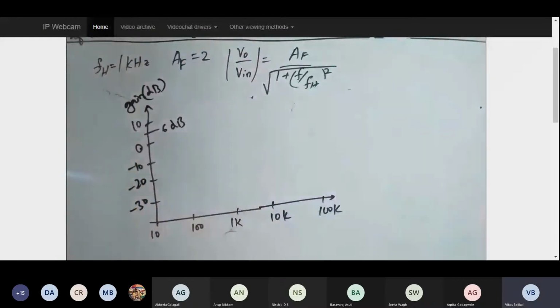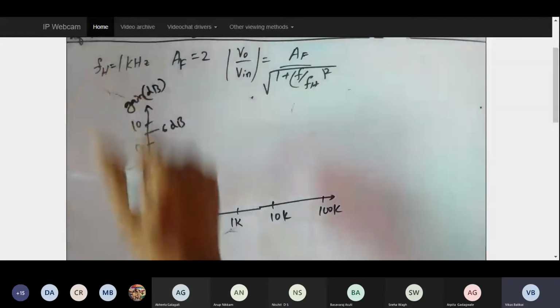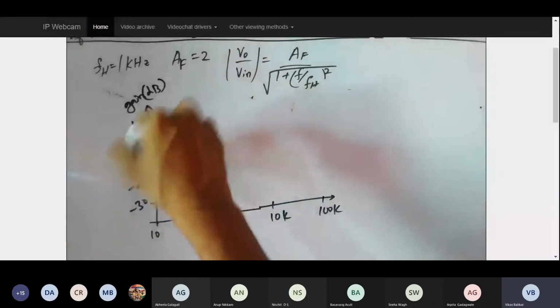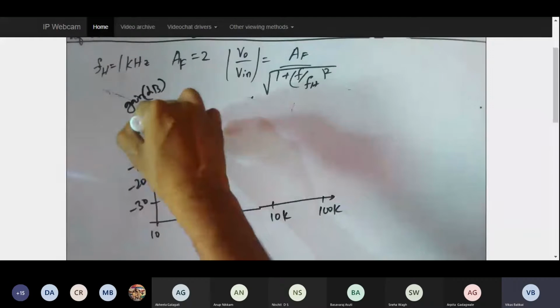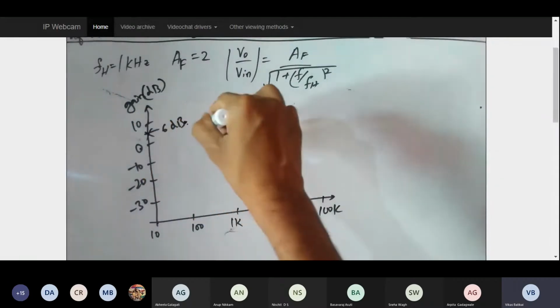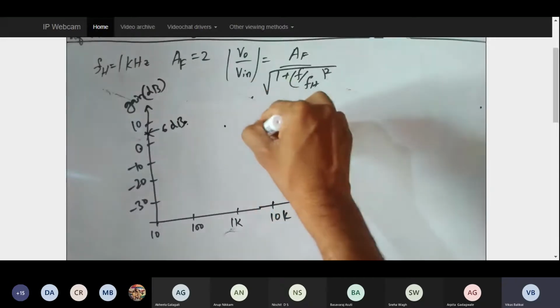Now you just plot the value. You have the x-axis in terms of frequency, and the y-axis in terms of gain, and we have already obtained the different equations, so just keep on plotting the values. For 10, this was the gain equation. For 100, I will be getting somewhere over here, and for 1K, somewhere over here, and like that, it keeps on falling.